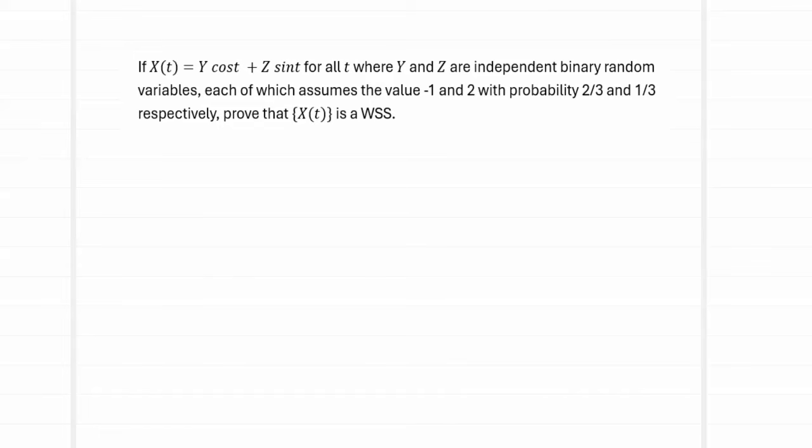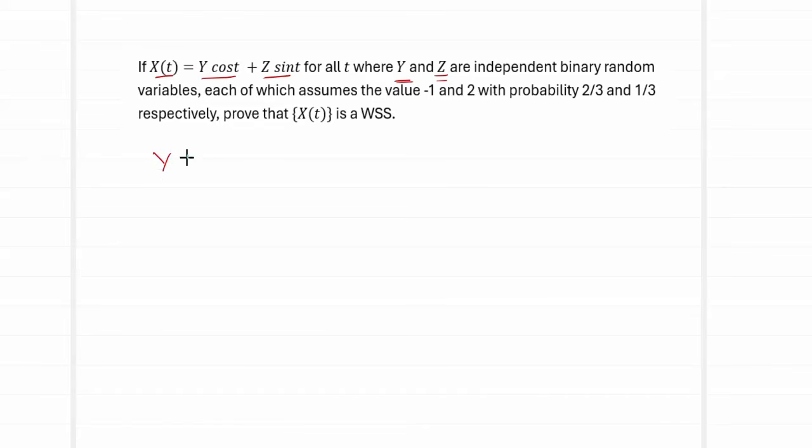So what we have been given: the first thing to be considered is X(t), defined as Y cos t plus Z sin t, which is going to be our random variable. Y and Z are my random variables. What is the nature of Y and Z?